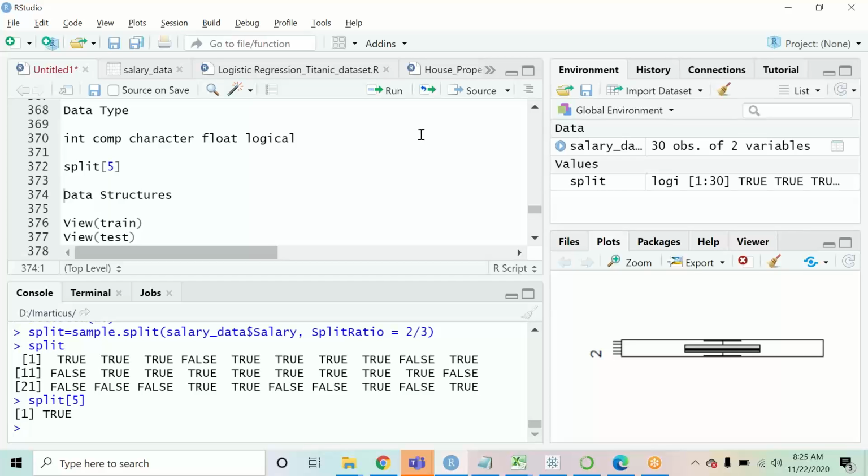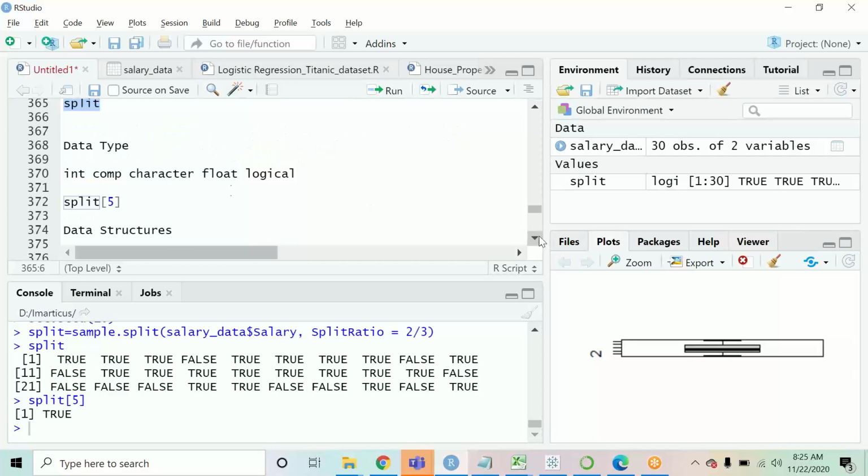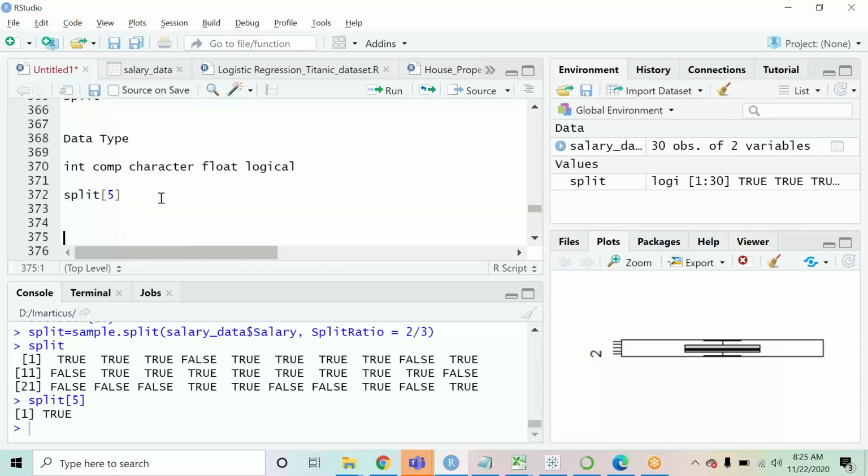Now, if some people still had any confusions on this, let me try to create a vector over here. I will create a vector and call it AAR, and suppose I am putting the values as 5, 7, 10, 1.